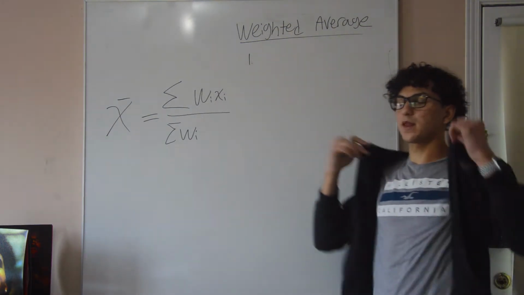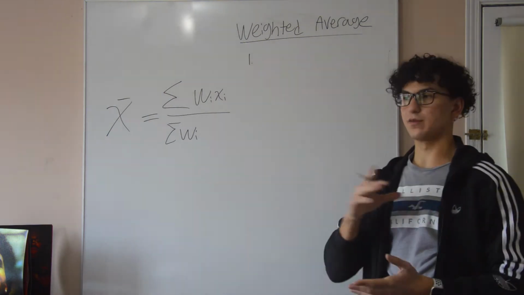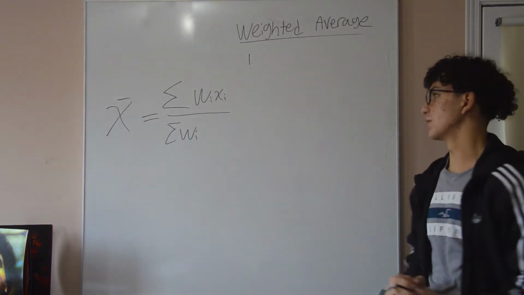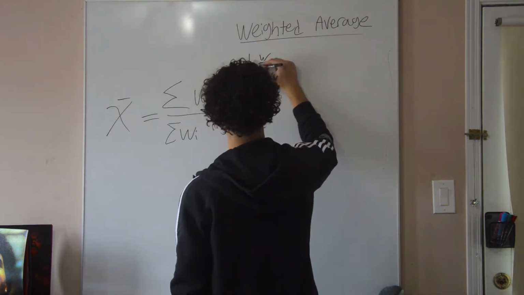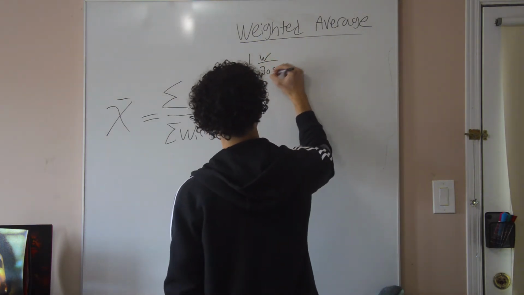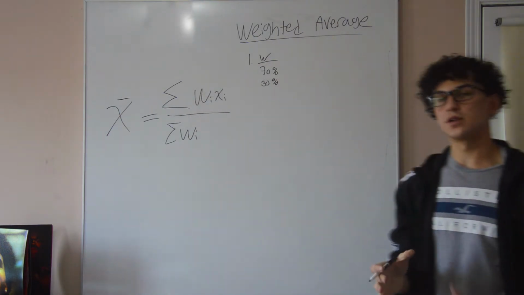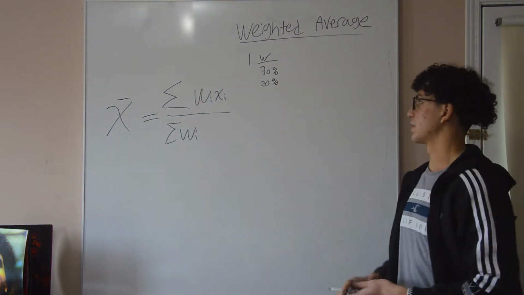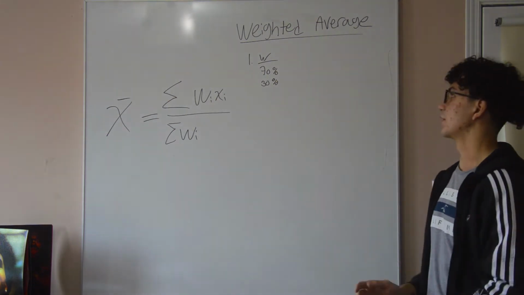Let's say you're in a class and an exam is worth 30% and everything else is worth 70%, for example. So let's write our weights: 70% and 30%. Those are our weights in the class. An exam holds a weight of 30% and the rest holds a weight of 70.